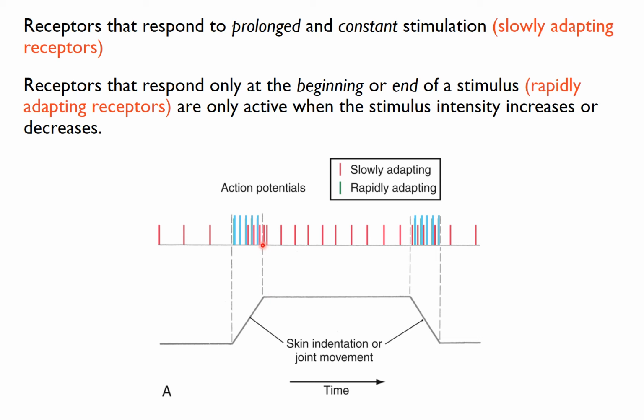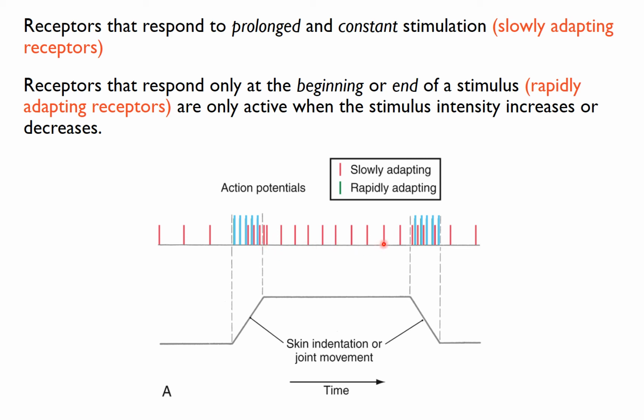Above it, let's say you're monitoring neural firing from hypothetical innervation at that area. A rapidly adapting receptor would have a big pulse of activity right at the beginning of that movement. Then the rapidly adapting response, the taller green bar here, diminishes to nothing.